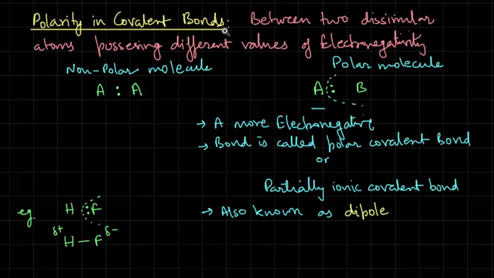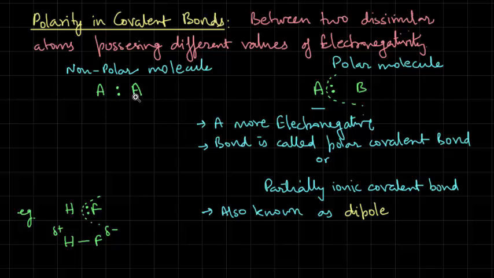Polarity in covalent bonds. Between two dissimilar atoms possessing different values of electronegativity, this happens. So, for example, if we have a molecule in which both the atoms are of the same kind, A and A, then this electron pair is equally shared between both the atoms.